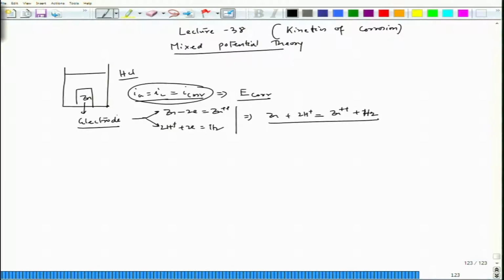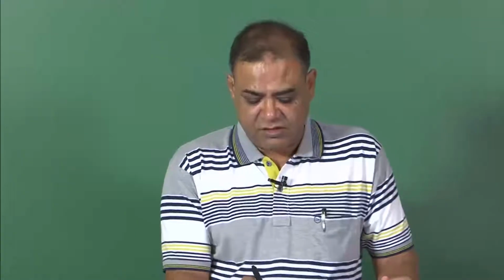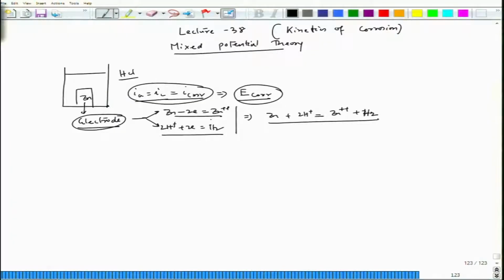And this electrode would achieve a unique mixed potential which is not the same as the potential for the single redox reaction, this half cell reaction. Each has its own reversible potential to begin with, and the electrode shifts from that potential to this E corr due to these combined reactions. So, now we see the concept of I corr and E corr.